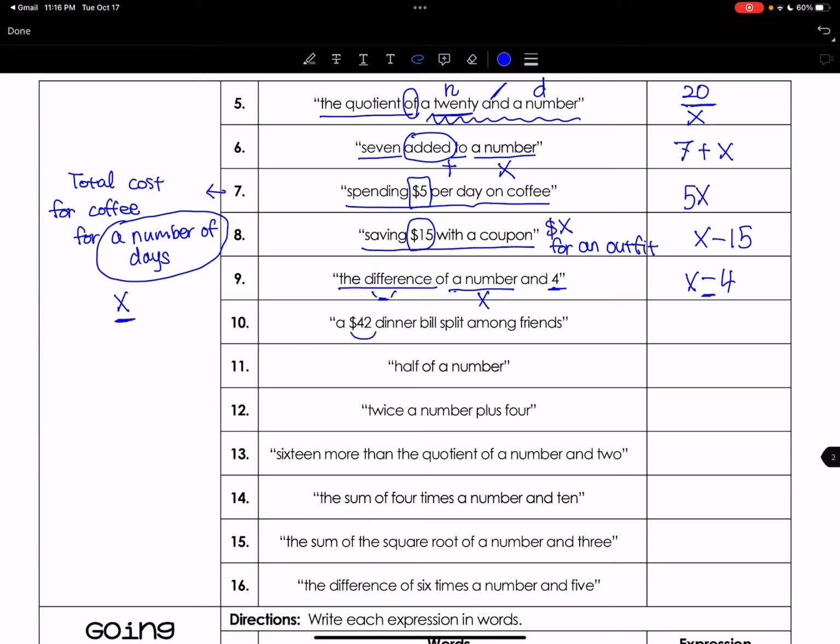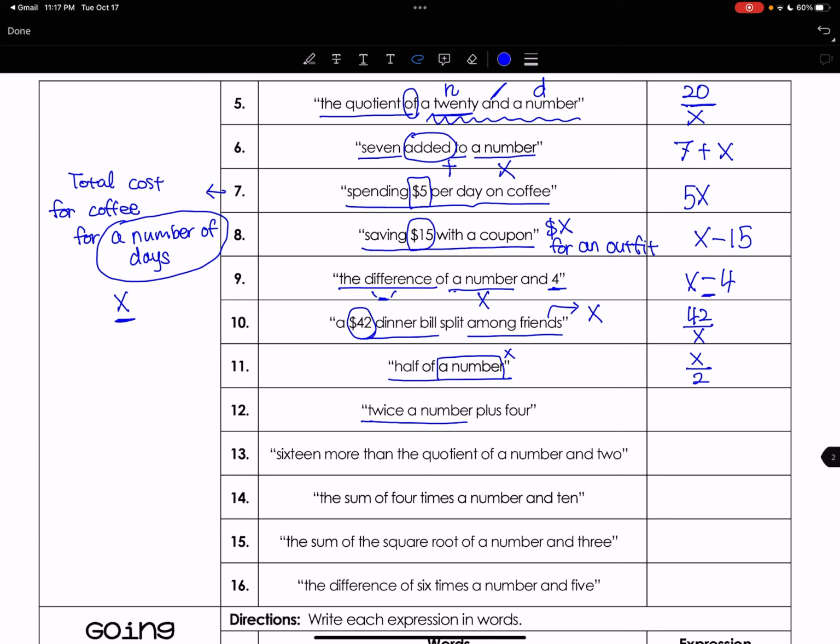And then $42 dinner bill split among friends. So the number of friends will be translated as X. So it'll be $42 over X. Half a number will be a number X needs to be divided by 2.